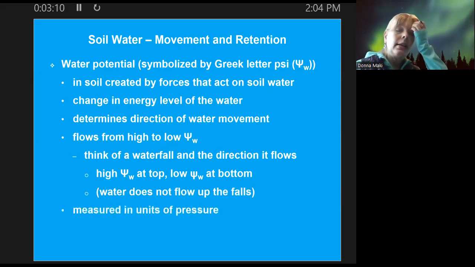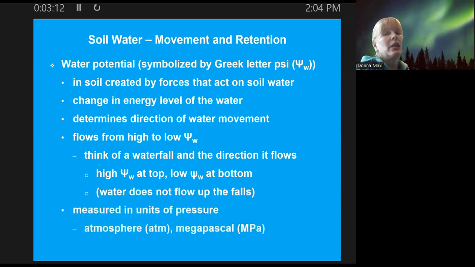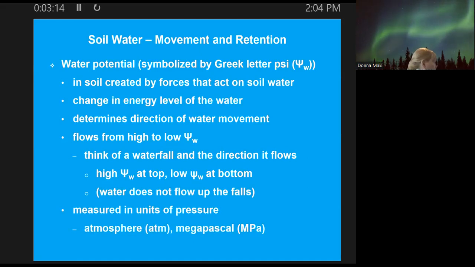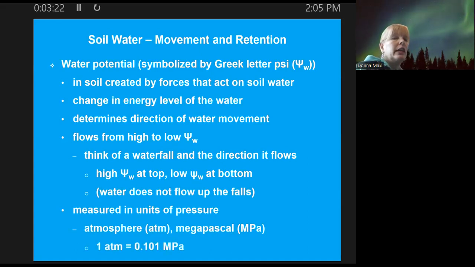We measure water potential in units of pressure, typically megapascals or pascals, but you could use atmospheres. I think we left off around here, defining what an atmosphere is relative to a megapascal. You don't need to memorize that. It's just if you're curious, that's the conversion.